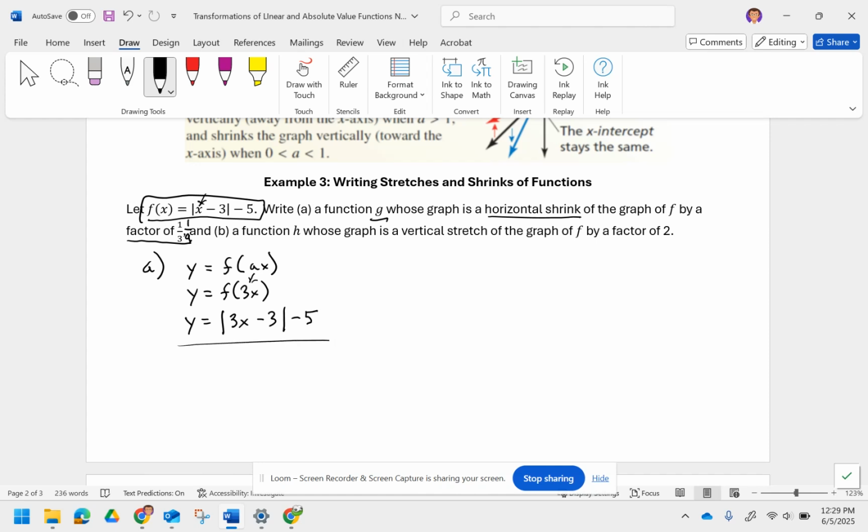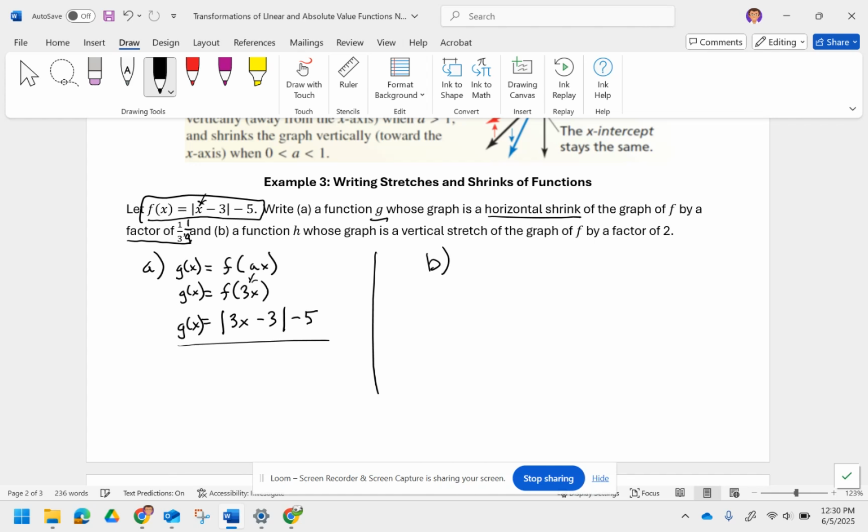And there you have it. All right, now let's look at b. And I guess we were supposed to have called this g. So this is going to be g of x. There. So now g of x is equal to absolute value of 3x minus 3 minus 5.